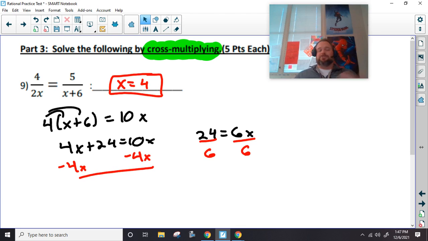Yeah. After you cross multiply, it just turns into a regular equation. I could actually put a problem like this on the final and delete two or three of the steps.